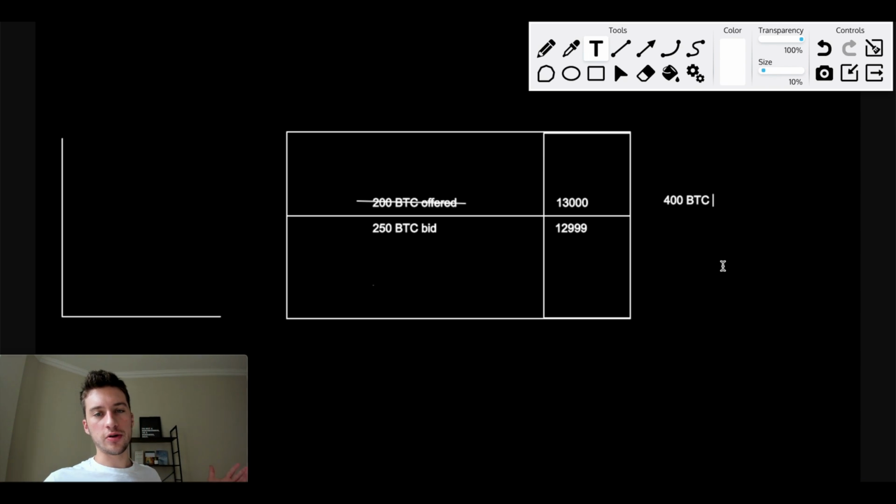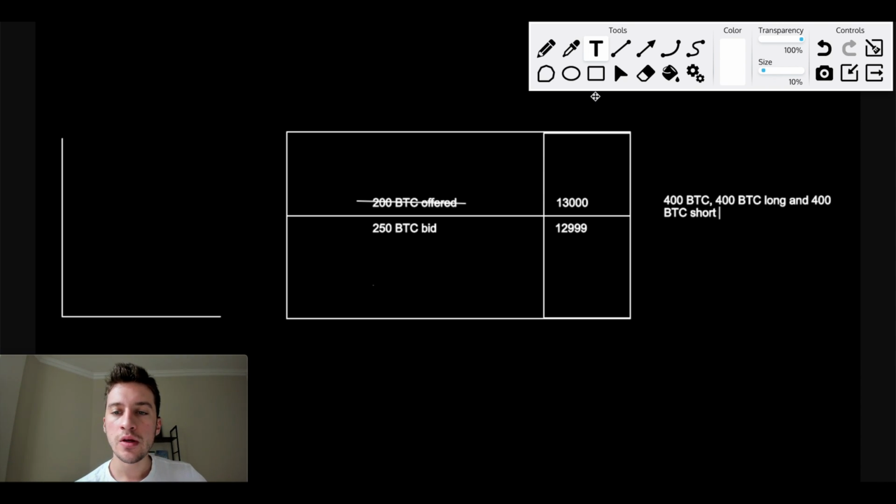So we know that 400 BTC have been transacted. And again, let's assume that all of that Bitcoin was open interest increasing. We have 400 Bitcoin worth of new positions. Got it? Cool. So that means we have 400 BTC long and 400 BTC short.